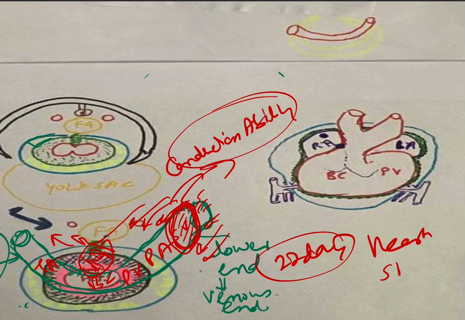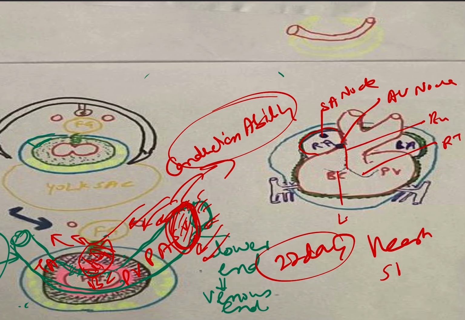Because of this conduction ability, when the heart is taking its definitive position as a four-chambered heart, the lowermost portion of the sinus venosus finally gets attached to the visceral pericardium initially, and most of the sinus venosus comes into the right atrium, where it forms the SA node, AV node, then the bundle of His, right branch and left branch.